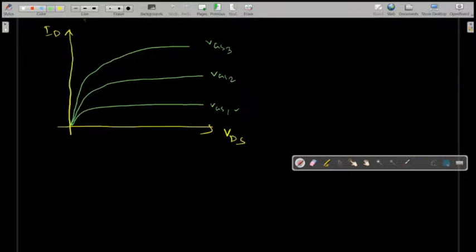If I plot the graph, this one is your actual, that means what we got from our device. Now if I plot the graph from our equation, for low values of VDS you will get the same curve up to some point.